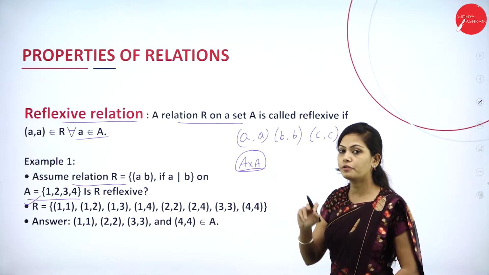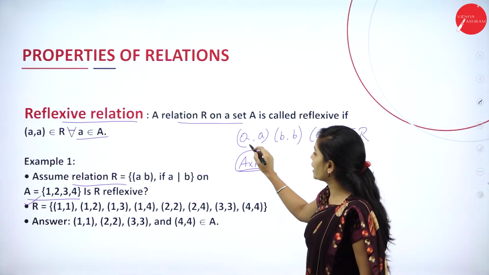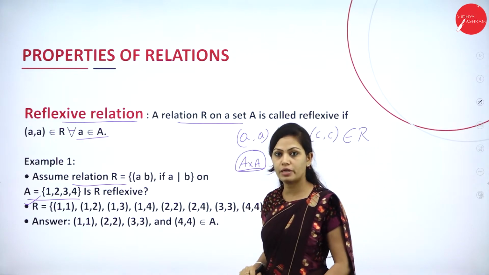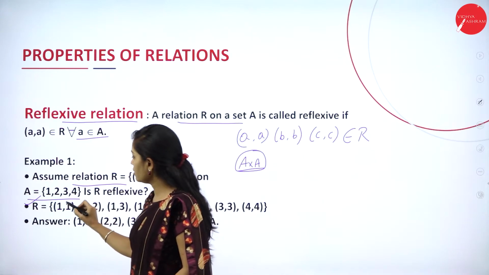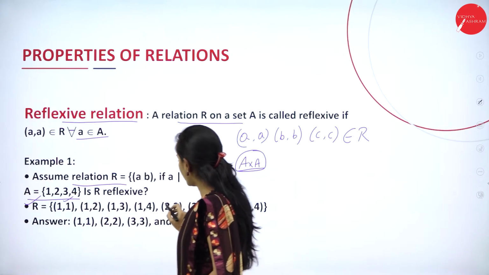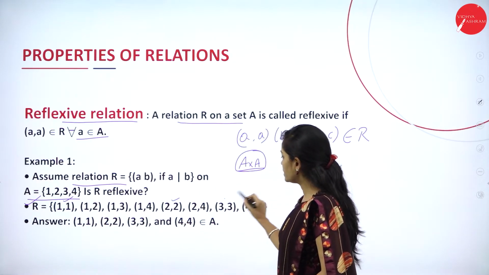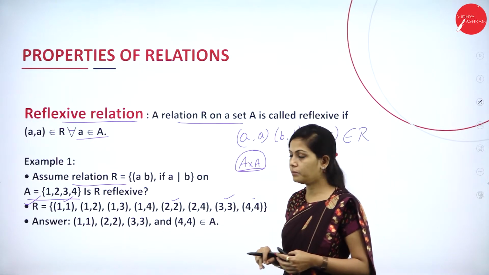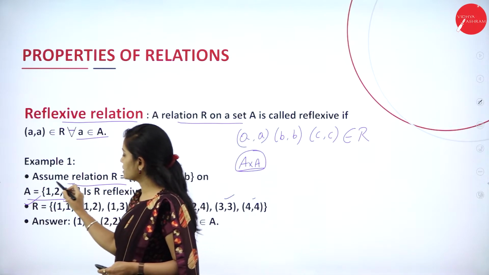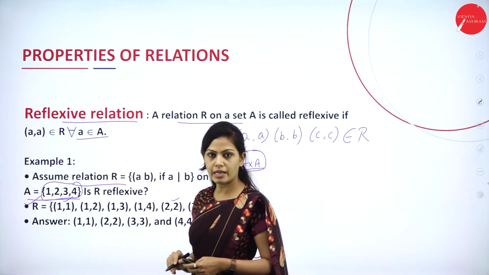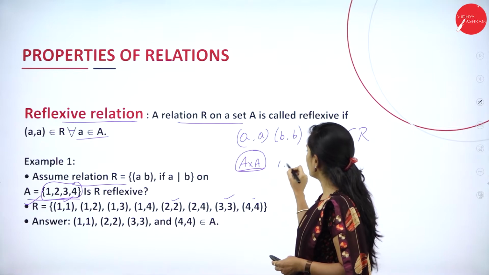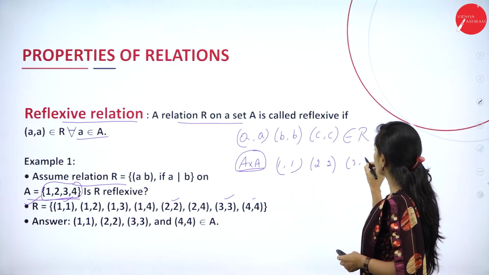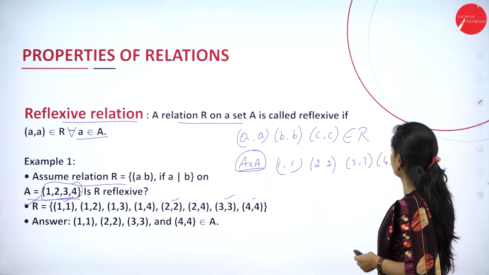So what is the meaning of reflexive? If it satisfies AA, BB, CC, DD, etc., then we can call it reflexive. Is there (1,1)? Yes. (2,2) is there, (3,3) is there, (4,4) is there. Here the set has 4 elements, so (1,1), (2,2), (3,3) and (4,4) have to come in your relation.